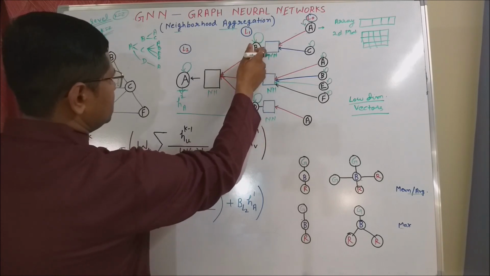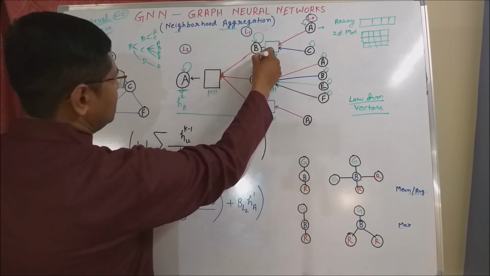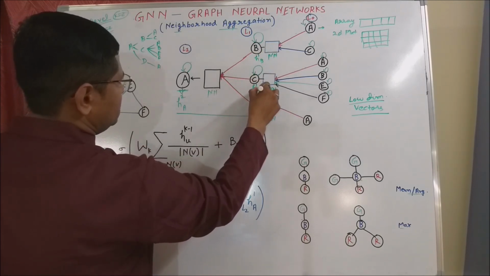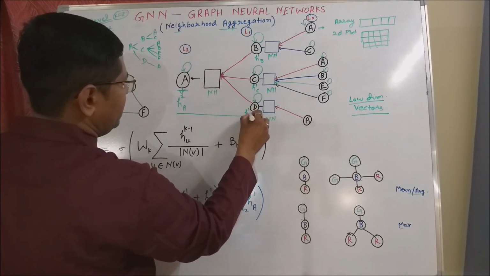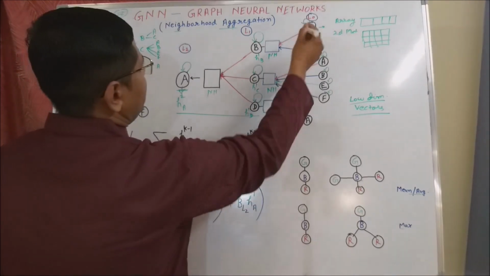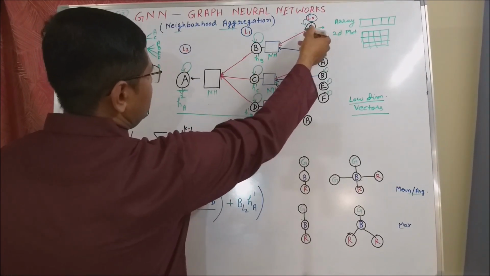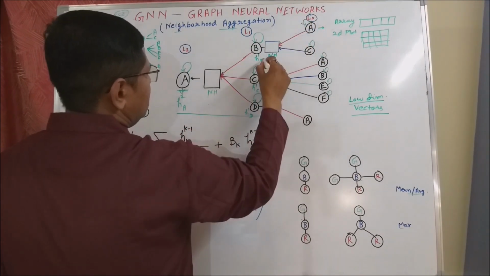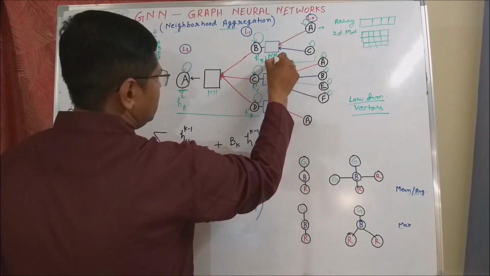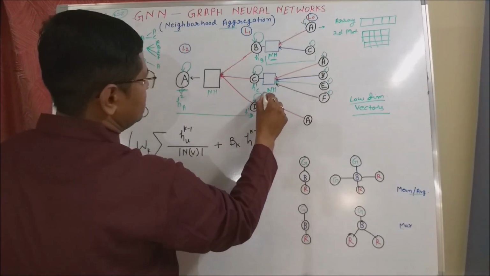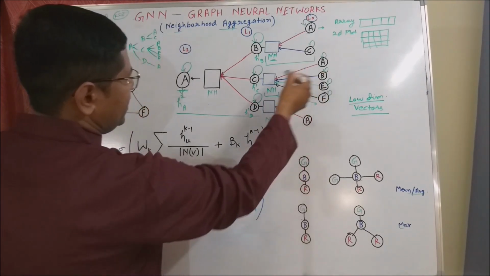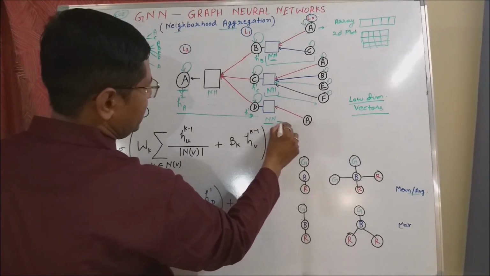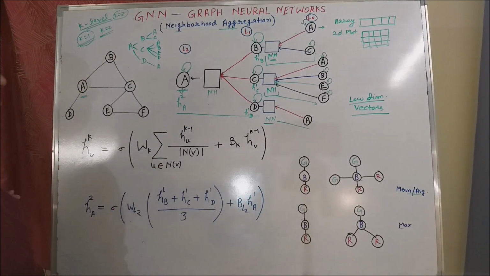We consider the outcomes which are available here as H_B^1, H_C^1 and H_D^1, and again these outcomes H_B^1, H_C^1 and H_D^1 are actually the outcomes that are achieved through this aggregation and this neural network architecture. Similarly, H_C^1 is achieved through this neural network architecture and this aggregation of input that is achieved here. And similarly, H_D^1 is this neural network architecture and aggregation achieved through this node.